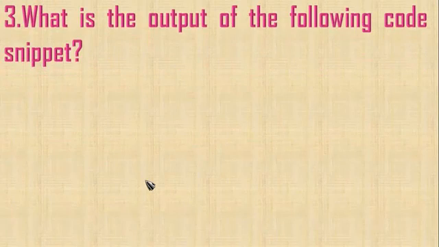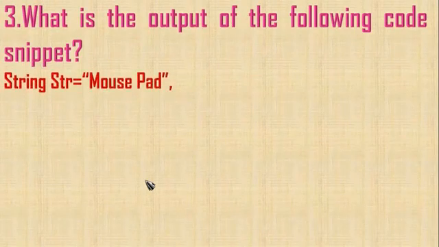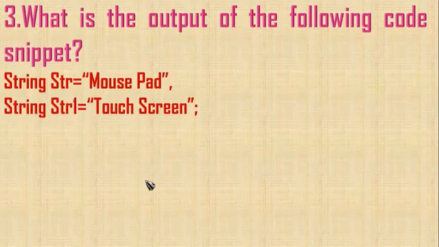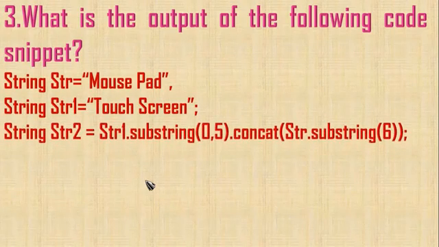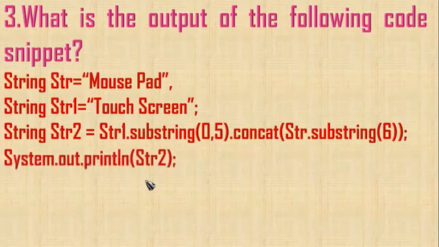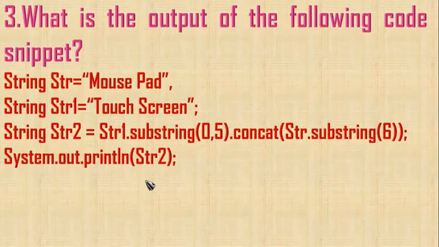Third question: what is the output of the following code snippet? String str is equal to mousepad, string str1 is equal to touch screen, string str2 is equal to str1 dot substring of 0, 5 dot concat of str dot substring of 6. Then the printing statement prints str2.